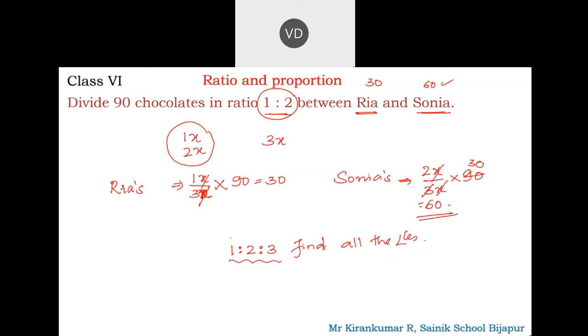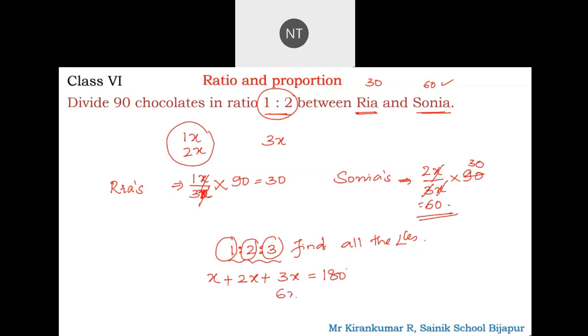The first angle you take as x, the second angle as 2x, and the third angle as 3x. What is their sum? Total 6x. 180 will be the sum. Why 180 degrees? The sum of the interior angles of a triangle is 180 degrees.